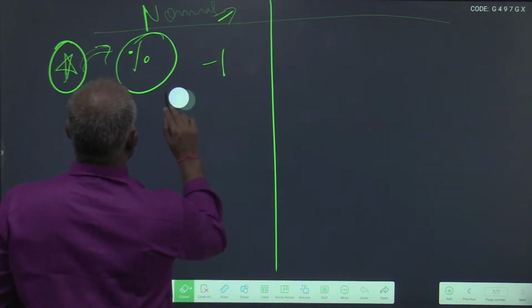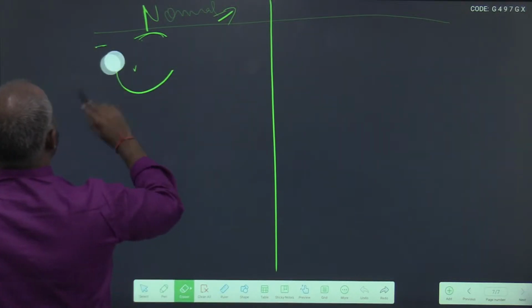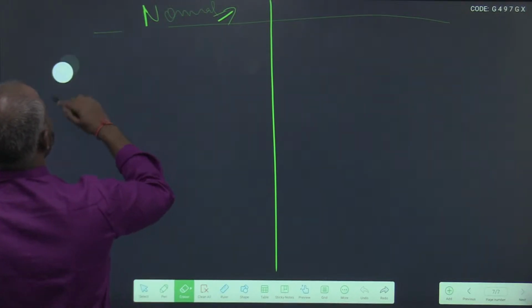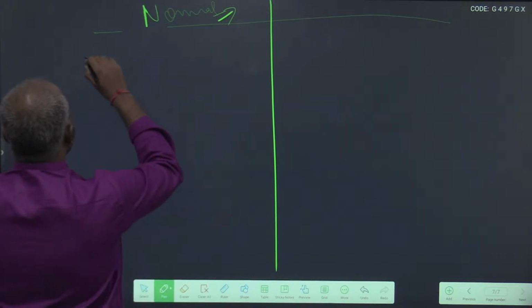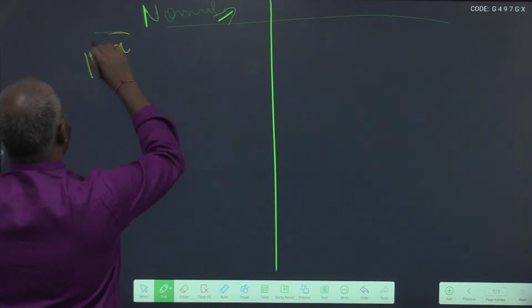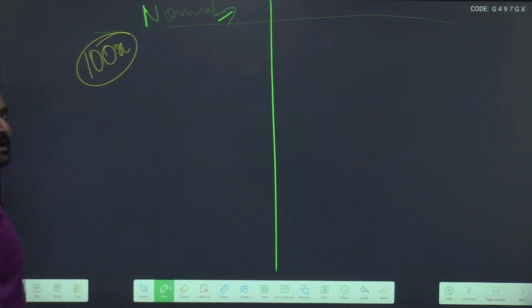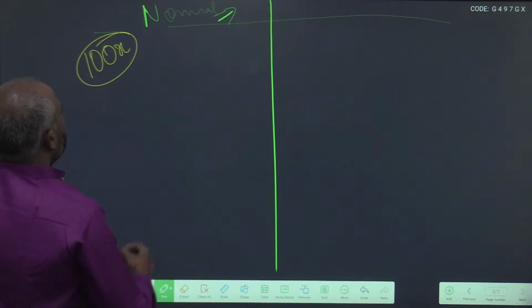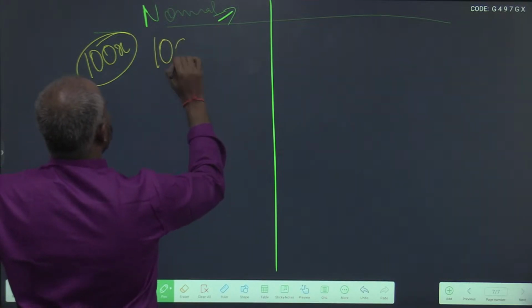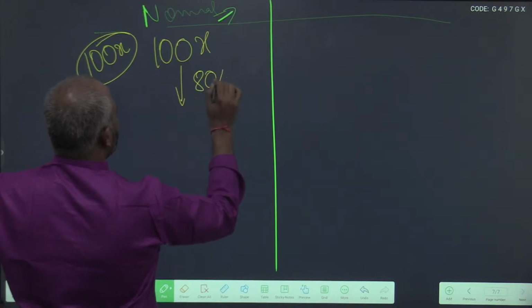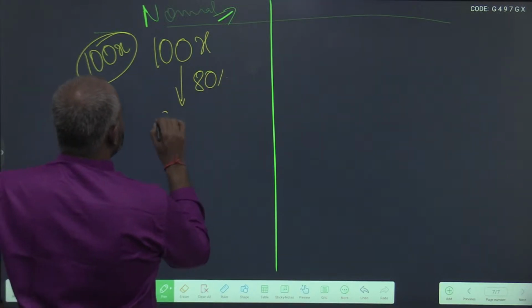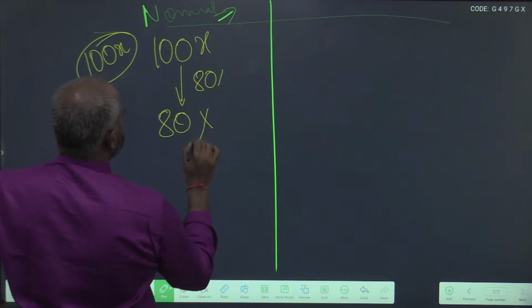Now let us see the normal method to do this. The normal way is through assumption. Assume 100x is the number of people on the voters list. Out of this, 80% of the voters cast their vote, so it will be 80x.